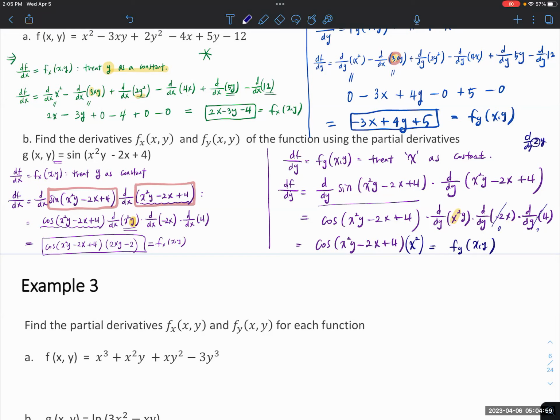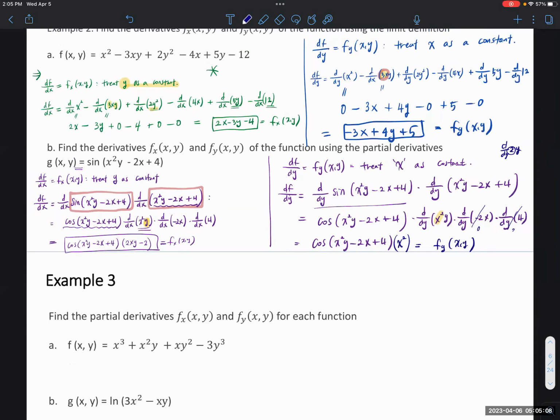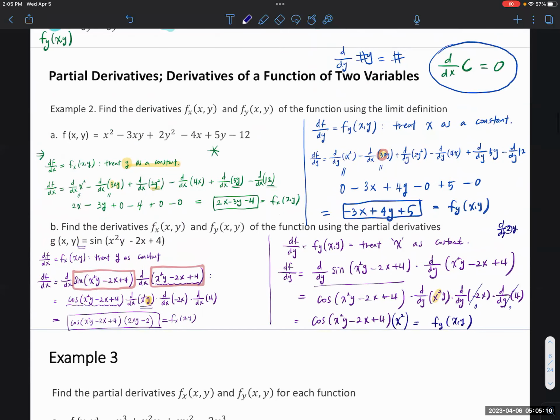So we are getting better and better. We just need to practice more because we never know what kind of function you're going to deal with. I'm going to show you this shortcut, very, very important. Are you guys okay so far? I told you the concept is simple, but there's a lot of long calculation.